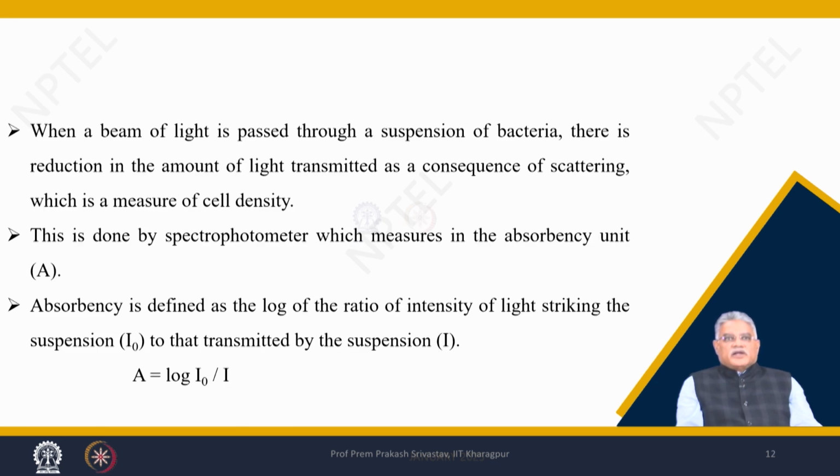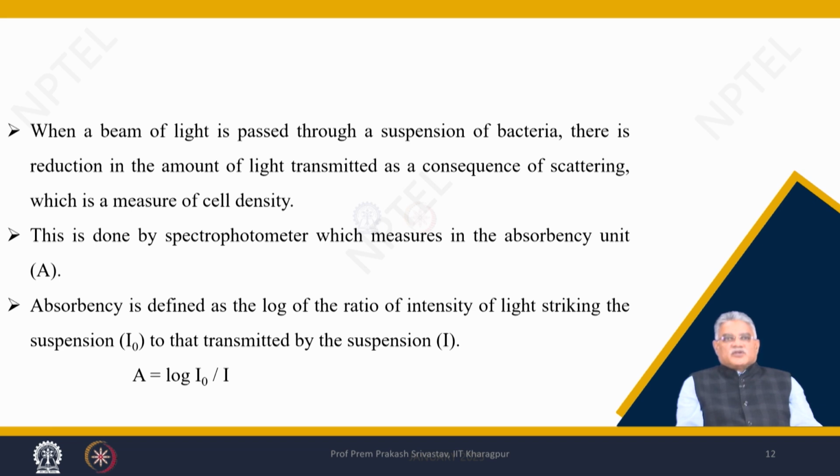When a beam of light is passed through a suspension of bacteria, there is a reduction in the amount of light transmitted as a consequence of scattering, which is a measure of cell density.